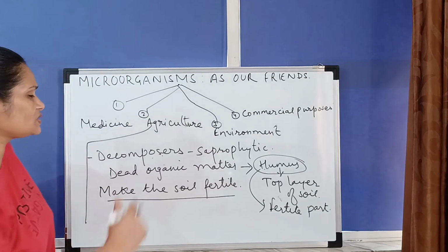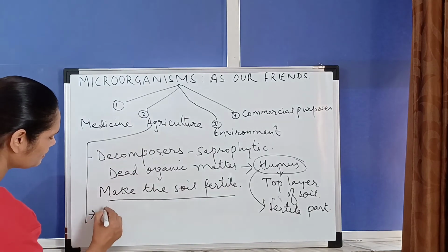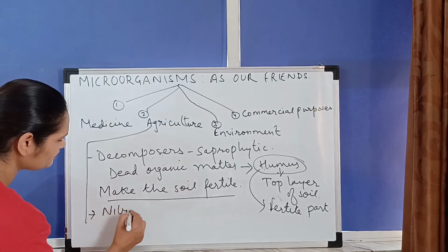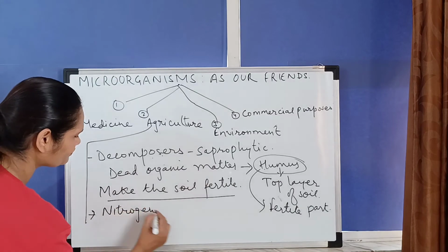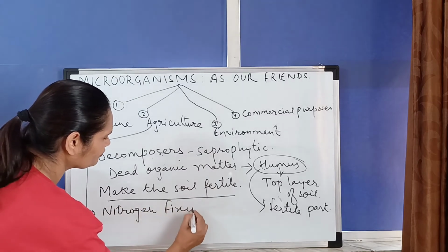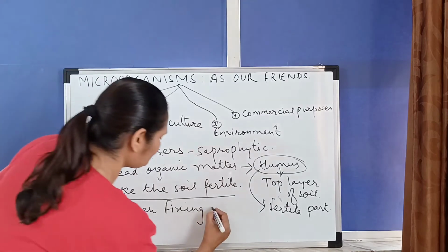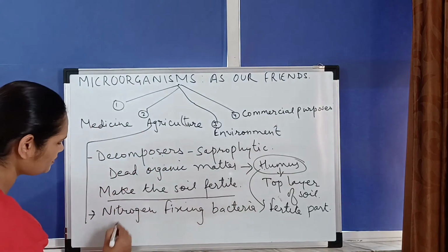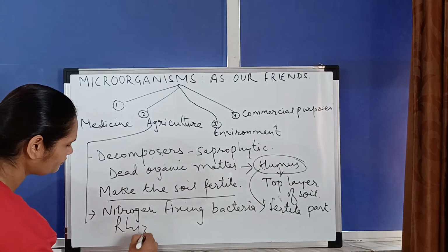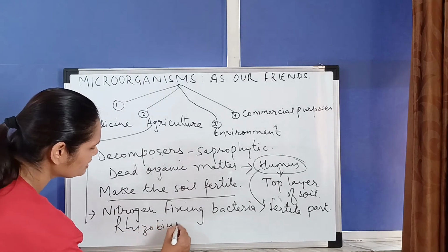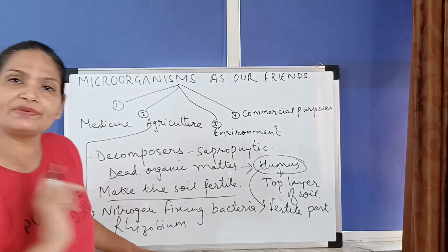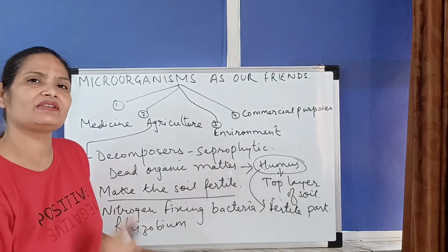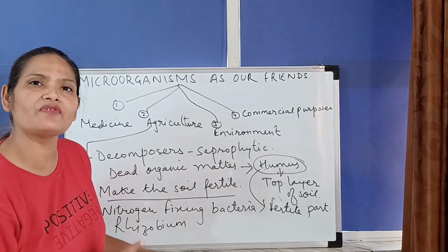Second way of making the soil fertile is by nitrogen fixing bacteria. Write in the comments which is the nitrogen fixing bacteria. So, rhizobium. Yes. Rhizobium fixes the atmospheric nitrogen, because atmospheric nitrogen is not in the absorbable form for the plants.